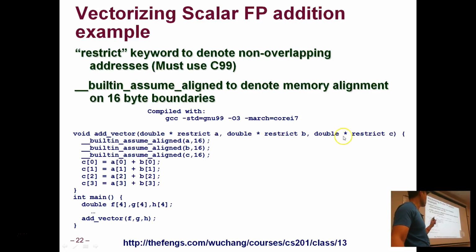Likewise restrict B and restrict C, I only have a single reference to each, so this removes the aliasing, or it tells the compiler that you have hand-coded it to make sure that those don't overlap. The other thing is, this is a compiler intrinsic that says align A on a 16-byte boundary. Same with B and C.